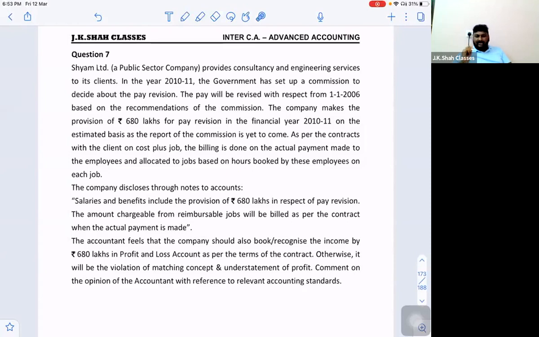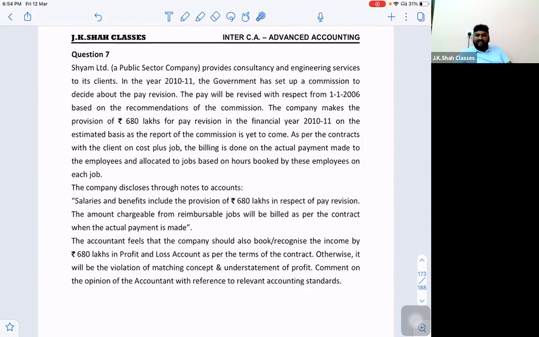So they will calculate how many people are working, what are their man hours, what is the per hour rate plus our profit margin, that they will charge to the customers. And this is a common practice done in the market. All IT companies providing services to international clients do the billing this way only.